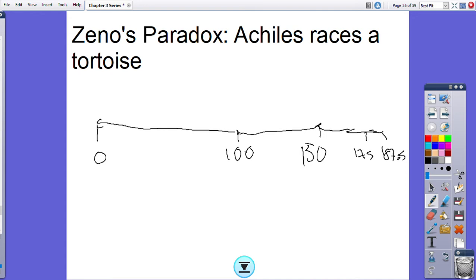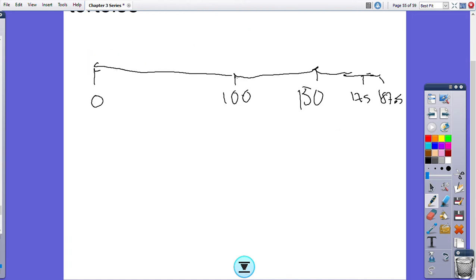Now we have a way out of it, and that is to think about this as a geometric series. So if we consider this as the distance that Achilles runs, we go 100 plus 50 plus 25 plus 12.5 plus... Now, what we can consider this as is a geometric series that is not getting bigger and bigger, it's tending towards a certain value.